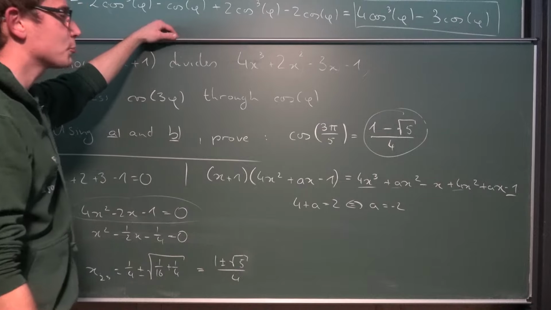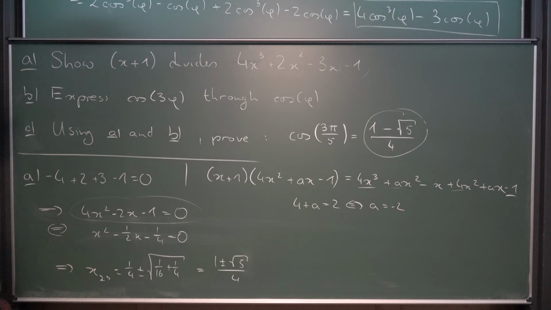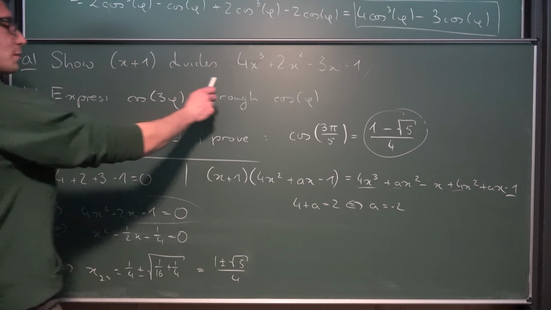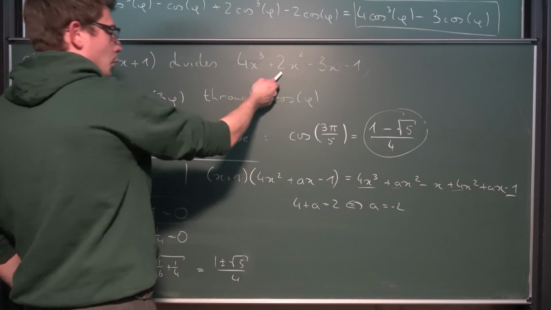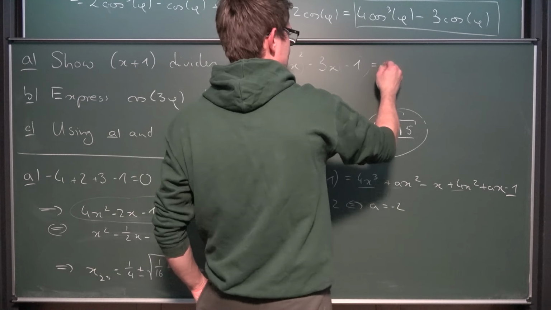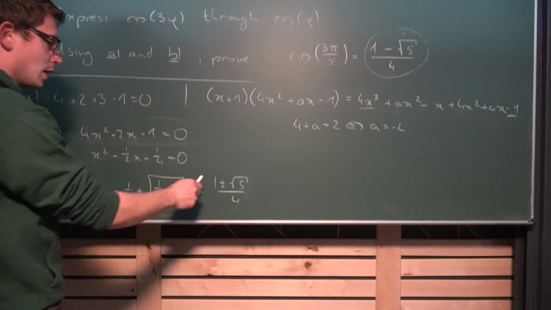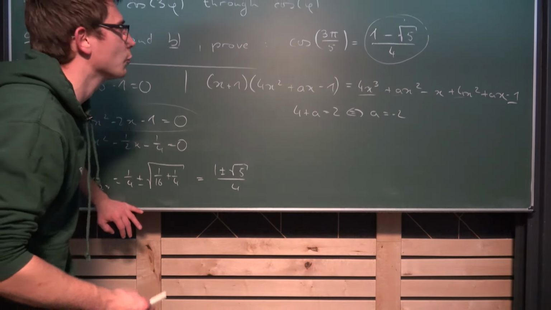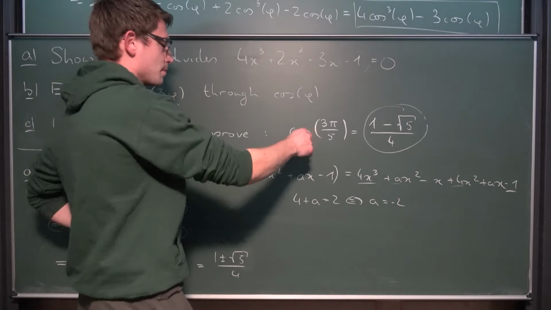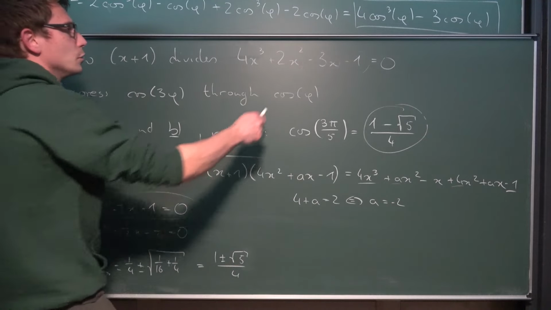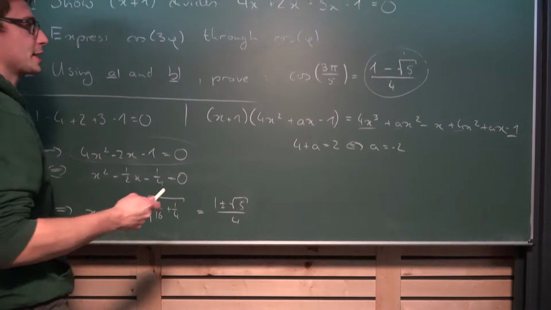I mean, the point of the first exercise was to basically show that this one divides this, meaning we have found the root of this polynomial. So what we did is we set this equal to 0 and noticed that -1 is a root and 1 plus minus square root of 5 over 4 is a root. Meaning the cosine of 3 pi over 5 is also a root of this polynomial here, since it's a root of this quadratic factor right here.